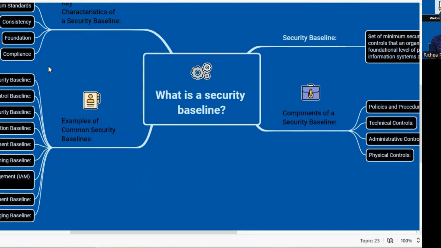So as it relates to your network security baselines, then we're talking about things such as your firewalls to protect the network perimeter, your intrusion detection systems, network segmentation and secure configurations. Then when you talk about your access control, of course, we're talking about your MFA, your multi-factor authentication, your role-based access control.